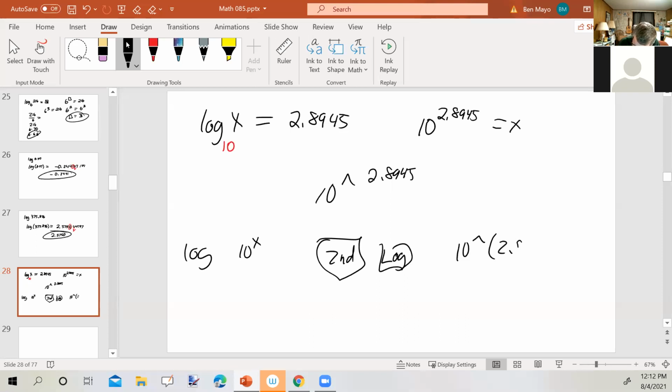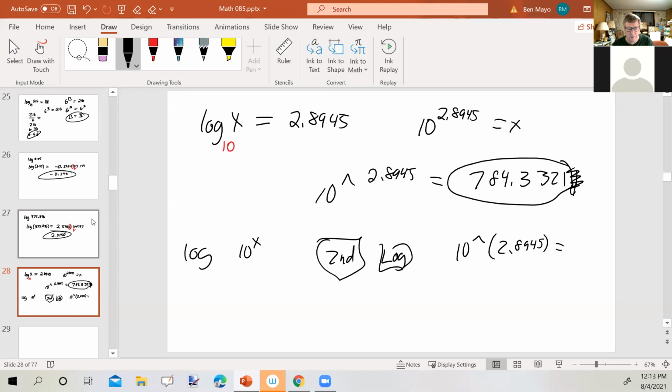And then I put 2.8945 in there. So I can do that either way. And we get 784.33211. So this is going to round down, so we're going to get that to 4 decimal places. Okay with that?